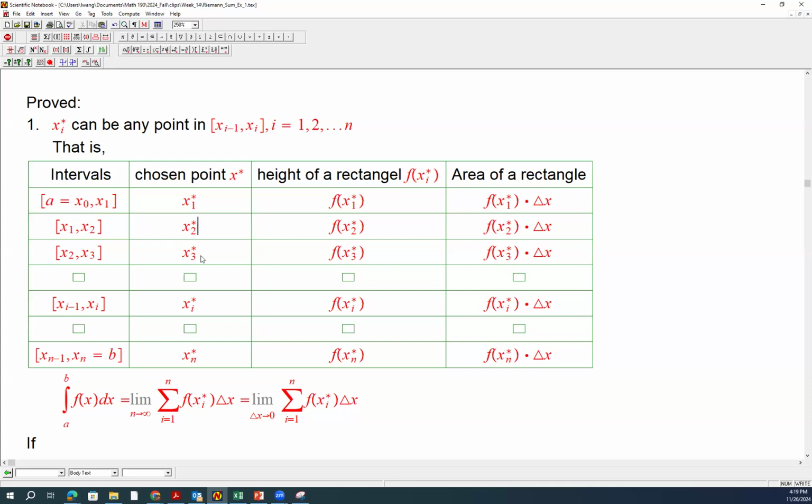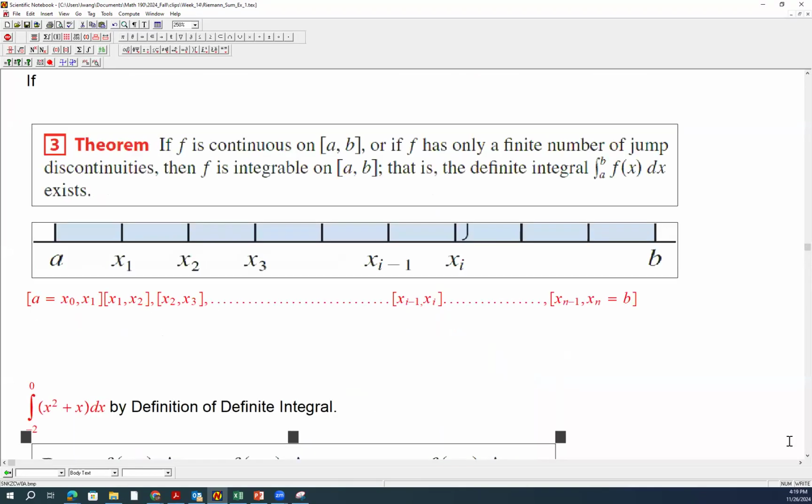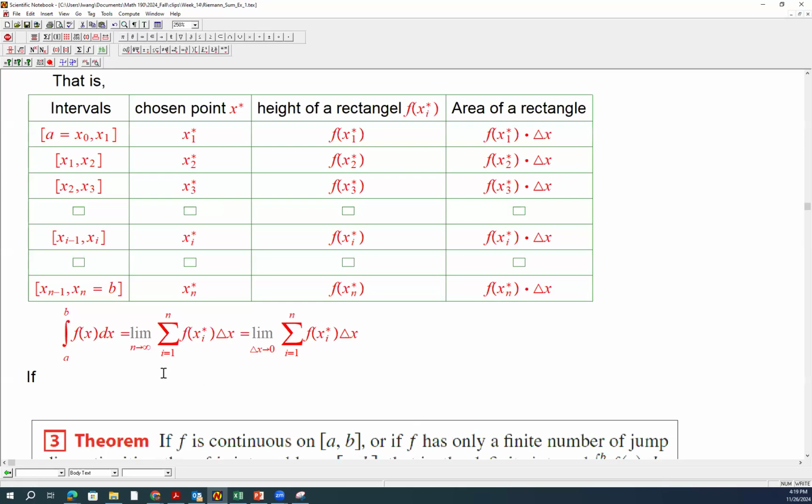We choose each star point arbitrarily from each interval, and we choose that point and evaluate the function's value at those points. So what are these numbers? These numbers are, I'm going to bring this picture over here, that xi star.